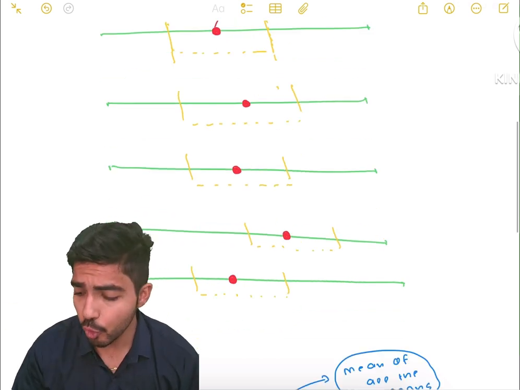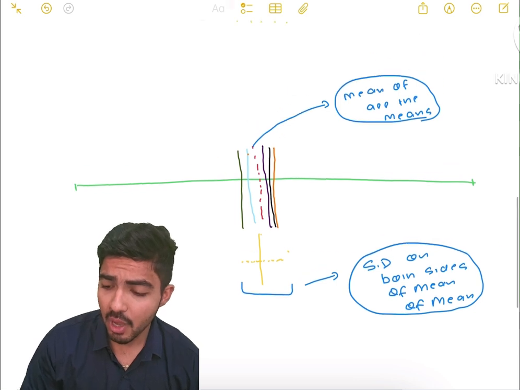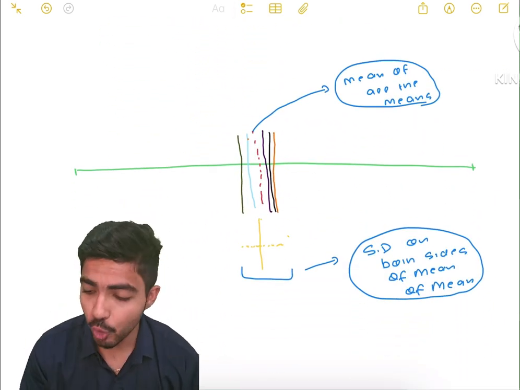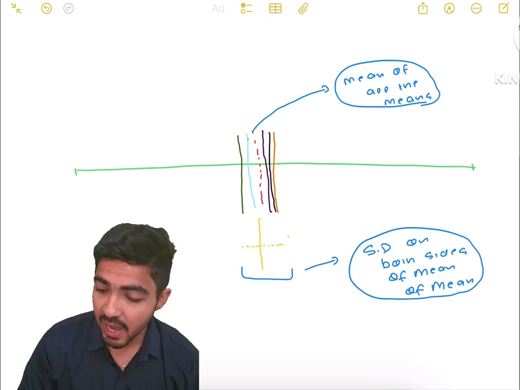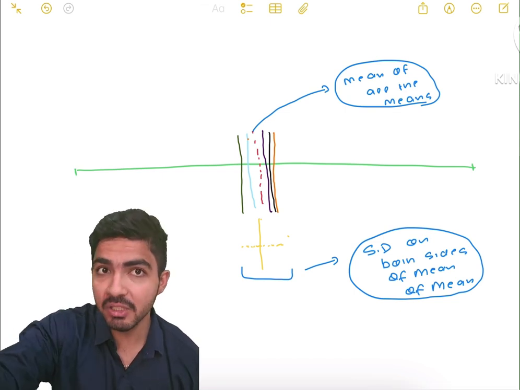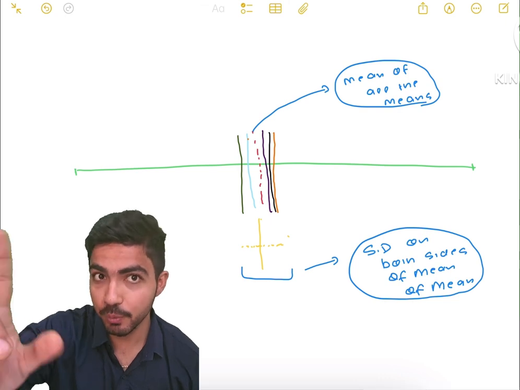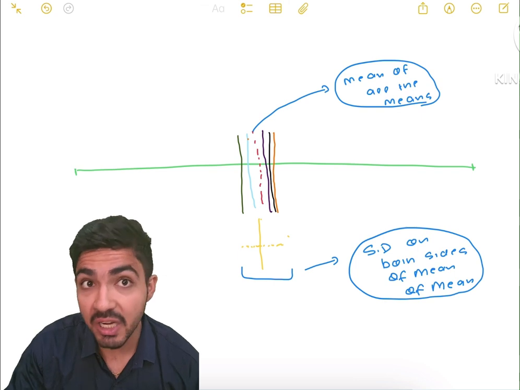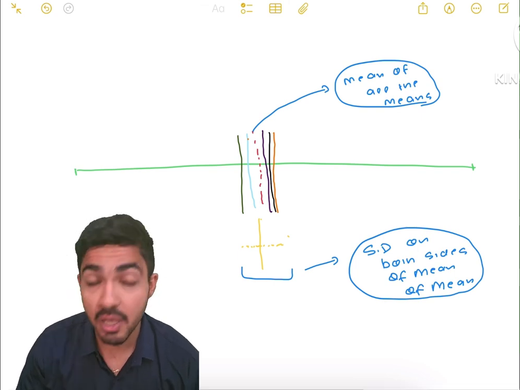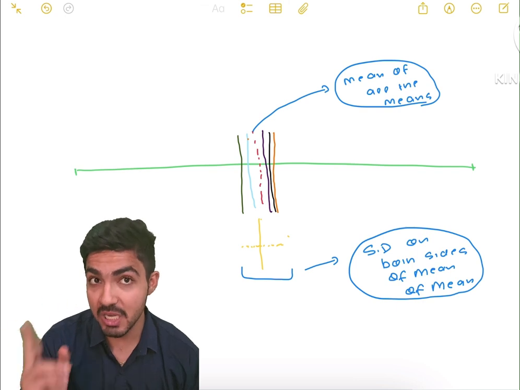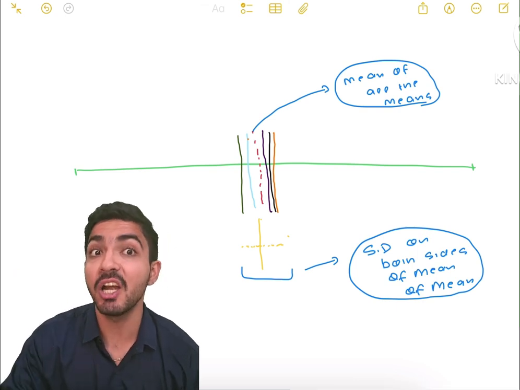My next step was I combine all that 5 observations on a single line and I calculated mean of all the means of that 5 observations, and that mean of all the means looks like that central red dotted line, and standard deviation on both sides of that mean of means is the standard error.